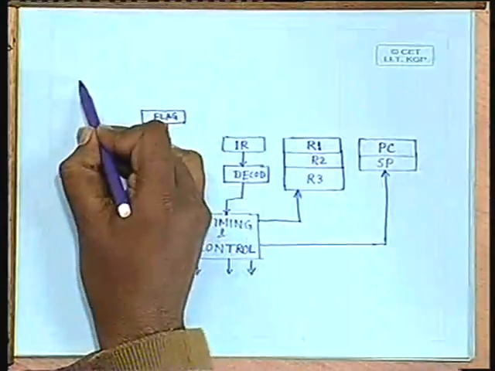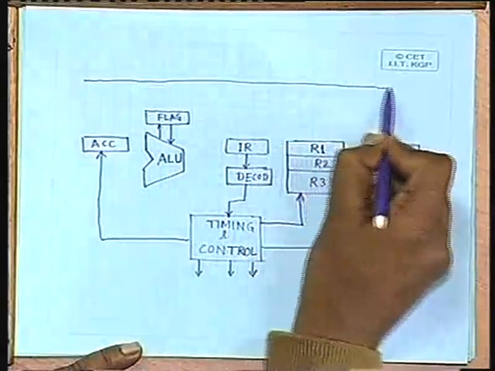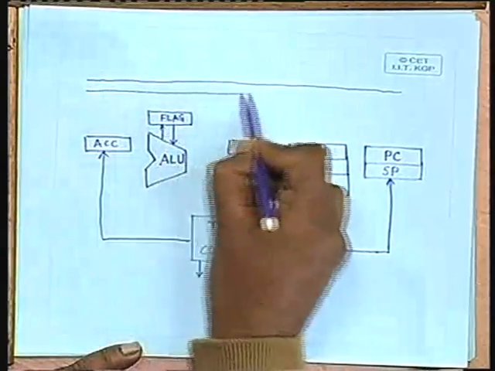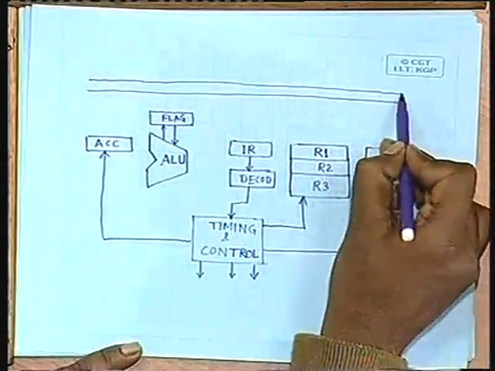In addition to the resources, I also must have some agent which can move the data from one resource to another resource. So, I have to have a data path using which the data can be moved from one resource to another.